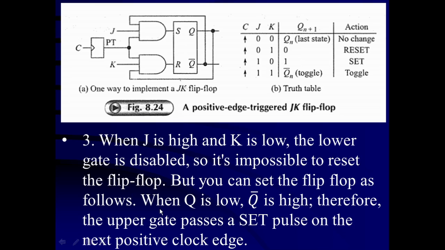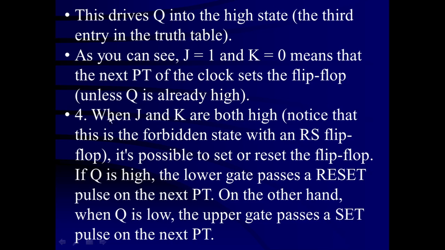When Q is 0 and Q bar is high, the upper gate passes a set pulse on the next positive clock edge. This drives Q into the high state. The third entry in the truth table means you can set the flip-flop. As you can see, J is equal to 1 and K is equal to 0 means that the next positive transition of the clock sets the flip-flop unless Q is already set or high.